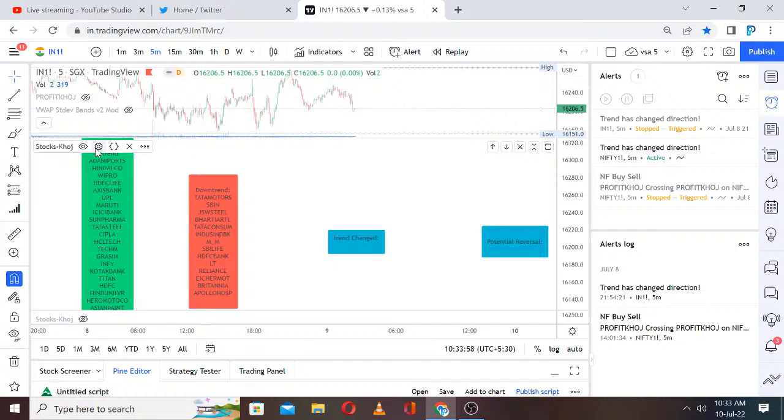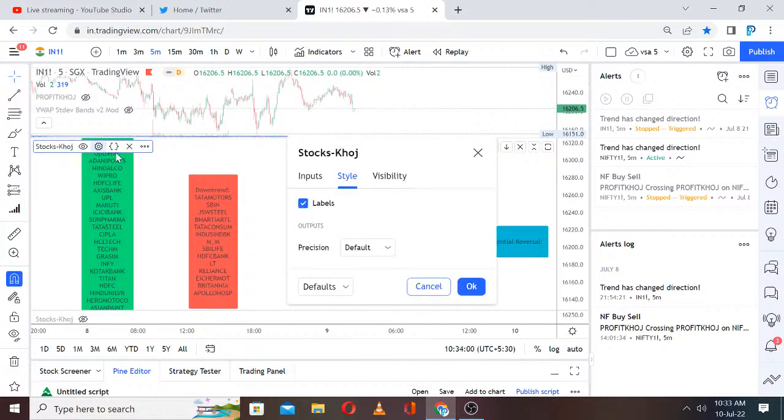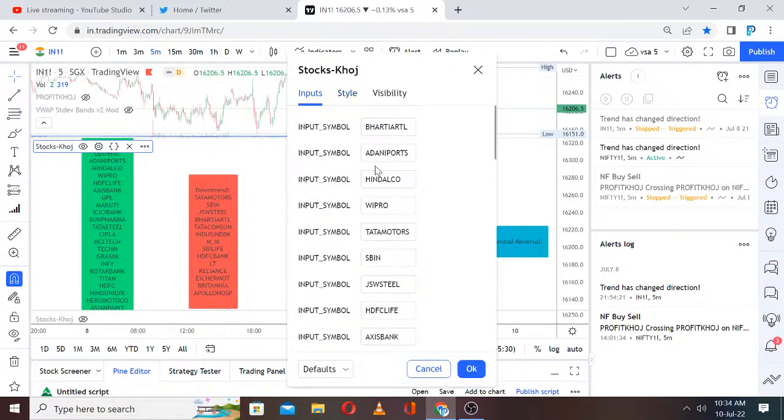First of all, you can see here, you go to setting. Okay, you go to inputs. You can change the stocks here if you want. Like if you like Jubilant Food, so you add the same ID that is in the TradingView. Okay, don't just add any other name.